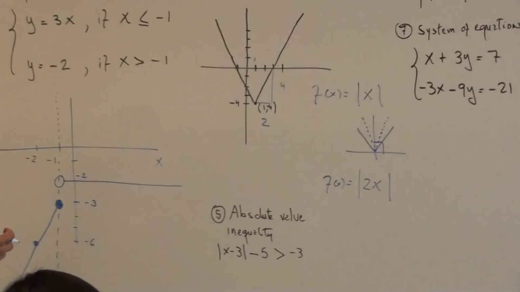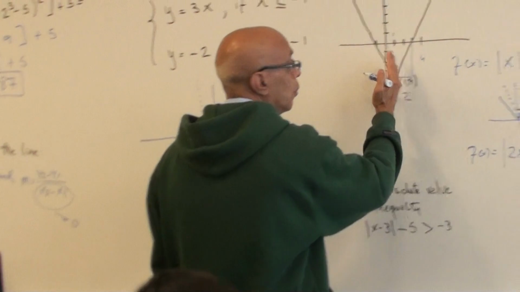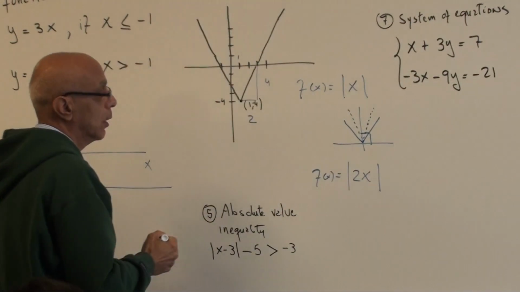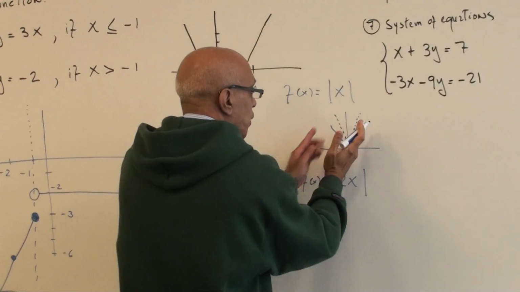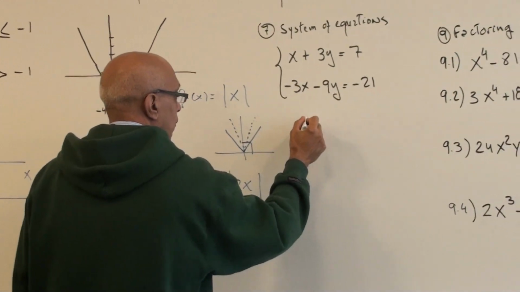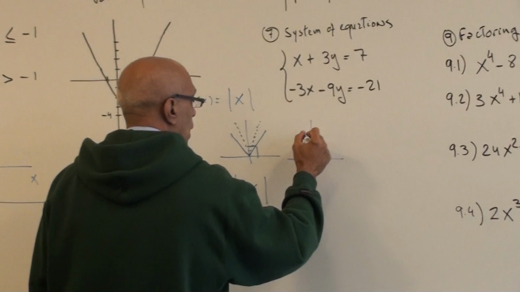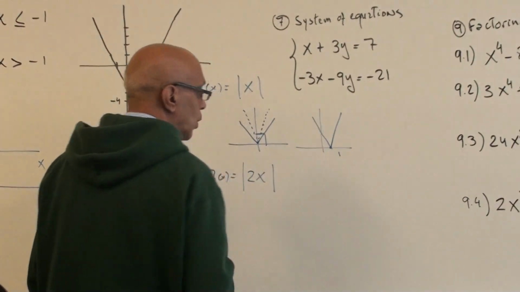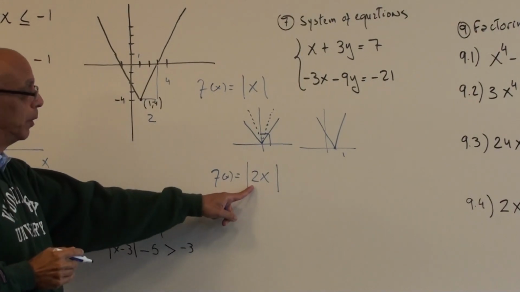Now, it has shifted to the right. How much has it shifted to the right? 1, right? So if I'm going to shift this to the right by 1, at 1 it needs to be 0, but the slope is 2.